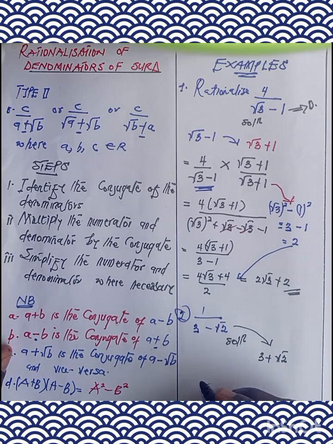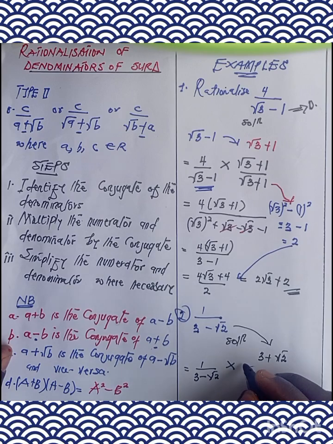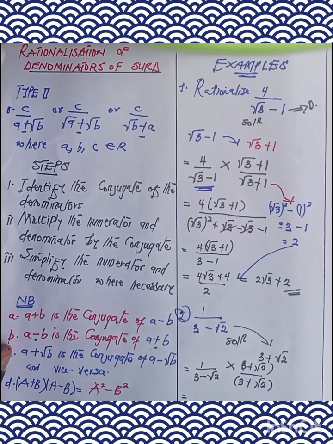Good. So we are going to get 1 over 3 minus root of 2 times 3 plus root of 2 all over 3 plus root of 2. So we are left with normal expansion. So we are going to get 1 times 3 plus root of 2.